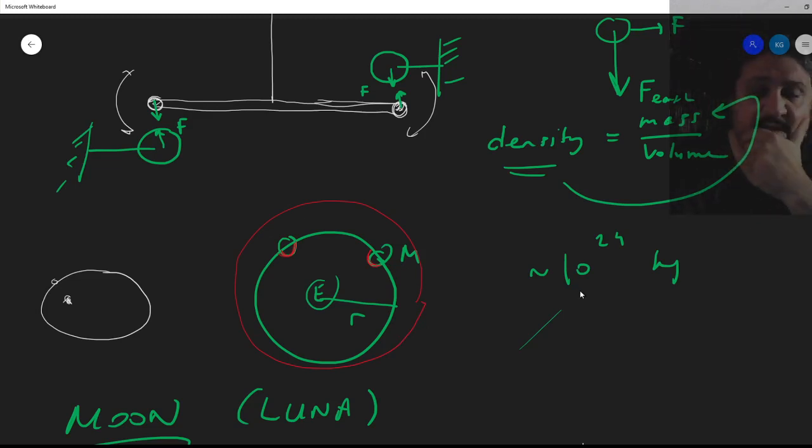Now imagine the Moon did not have a rotation around its own axis, then it would be like this. Then over the course of those 27 days, we would see all sides of the Moon. Everything on the Moon.